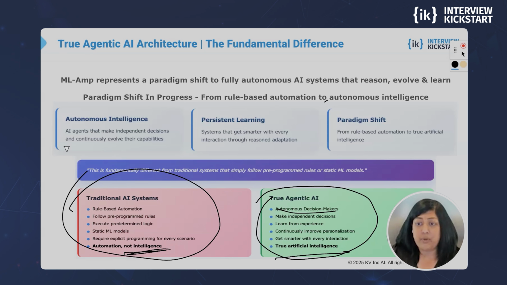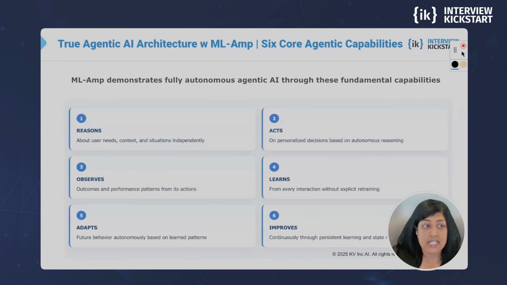And this represents the whole paradigm shift from traditional AI to a truly agentic AI world. All right. So, having said that, let's look at the agentic capabilities. What are the six core agentic capabilities that ML AMP comes with?